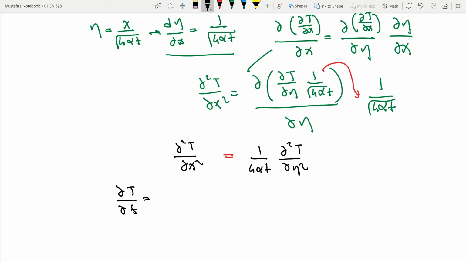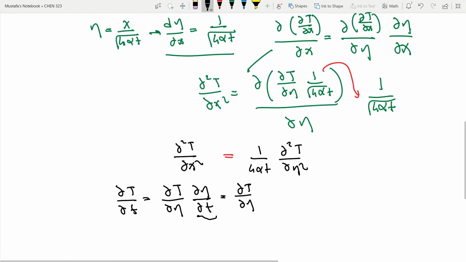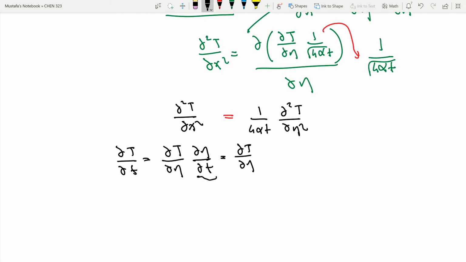I'll be doing the same trick, using the chain rule, dT by d eta times d eta by d time. In this case, I'm going to leave the time derivative as it is, and calculate this from the definition of the similarity variable, eta equal to x over the square root of 4 alpha t.